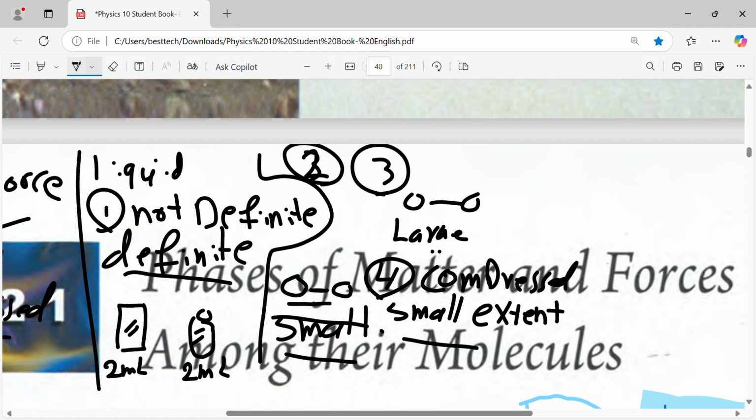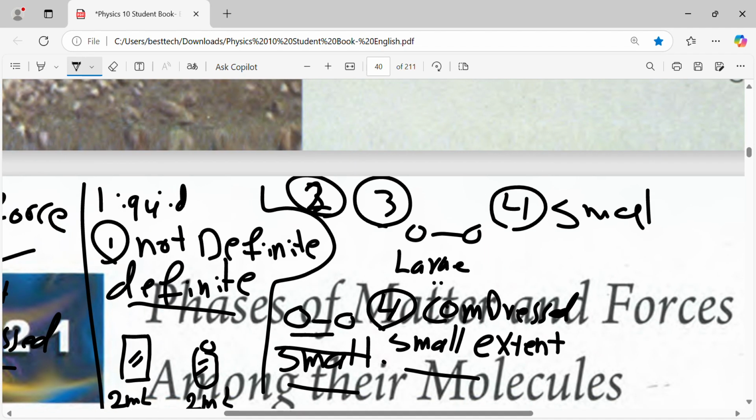It's a small attraction force. Again, why do we have a small force? Because of the distance between them. We now have a large distance compared to the solid. That's why we have a small force. But in the solid, there is no distance but a large force.